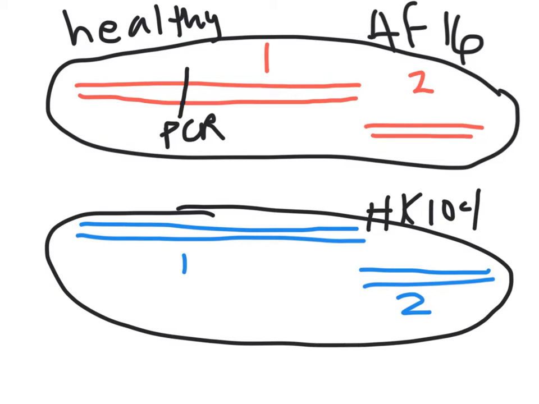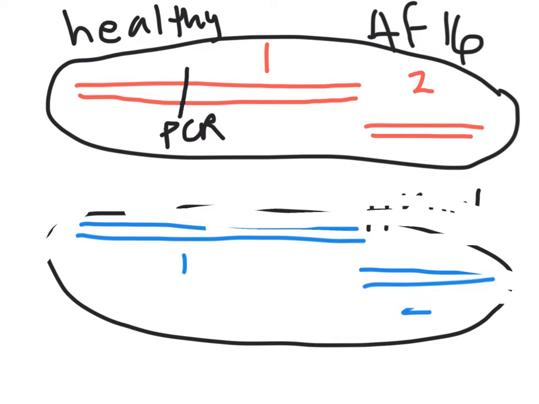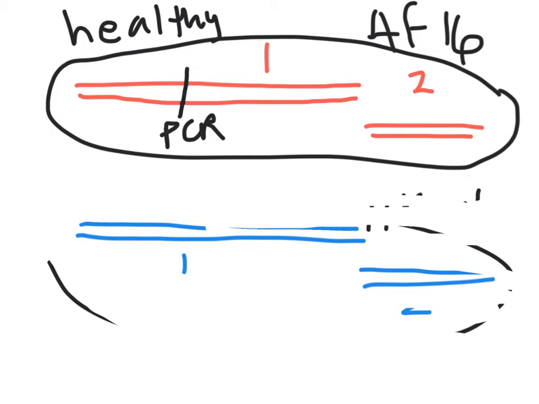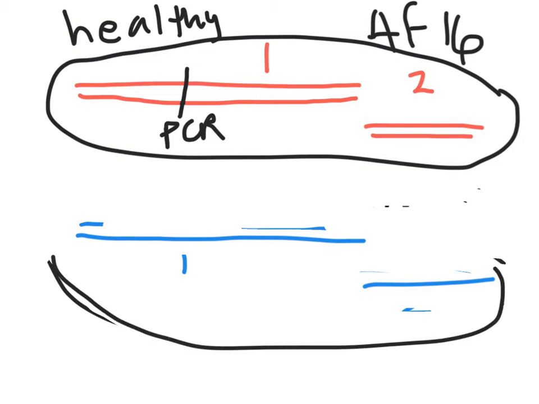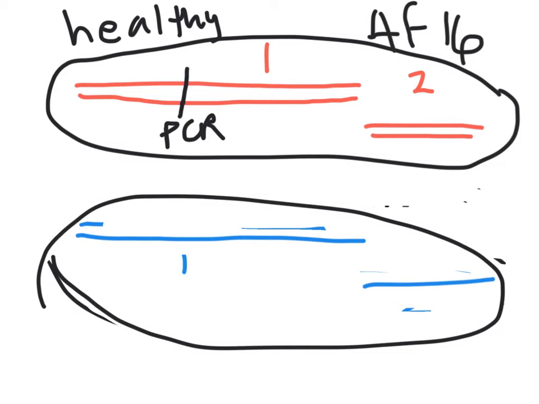But if you look in, let me erase the HK104 worm with a bigger eraser. So if we look in one of those F2 grandchildren, that's close enough. This is what its chromosomes will look like.